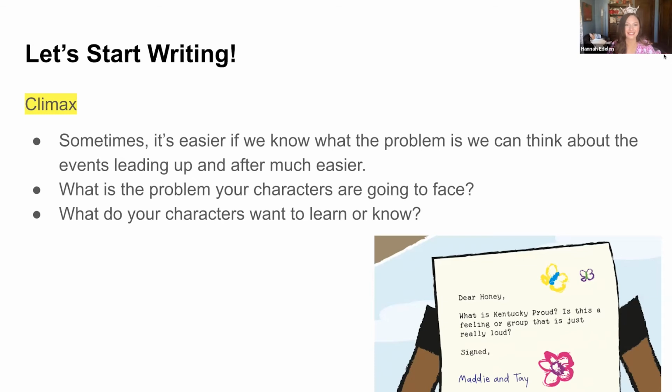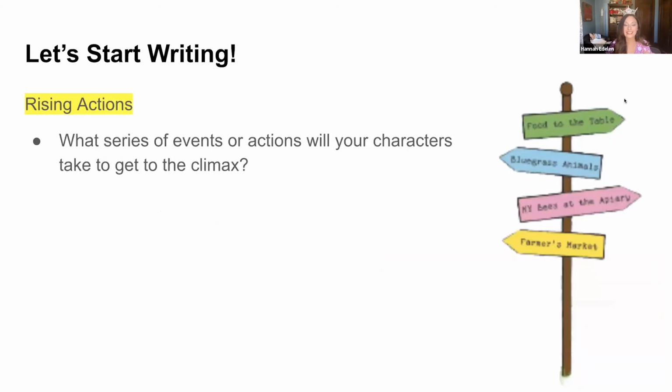You are awesome. Well, let's get rocking and rolling to our next component, rising action. So remember, we started at the beginning, we went to the climax. Now the rising action comes between these two. So what are the actions or the events that will take our characters to that climax? So in the example of our sisters, maybe we introduce them.